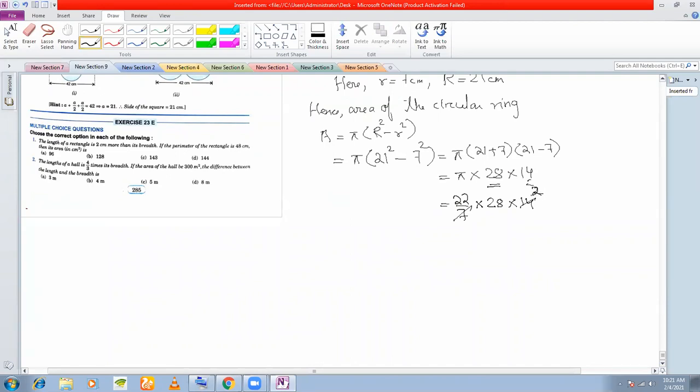If we would have taken 3.14 or 3.142, it would have become very cumbersome to calculate. So therefore, the area of the circular ring is 22 into 28 into 2, which comes to 1232.